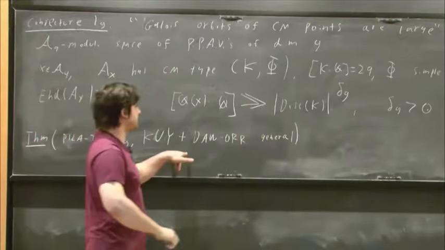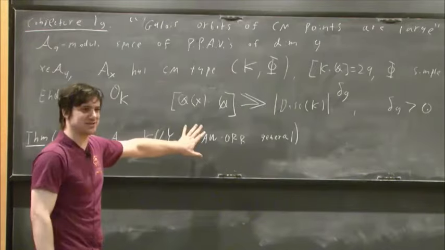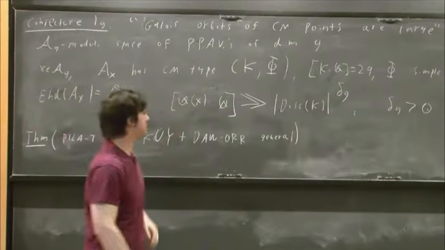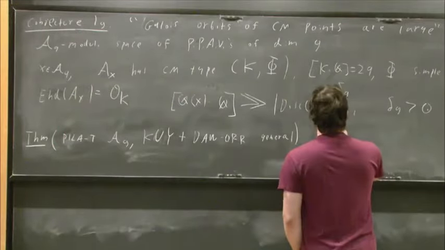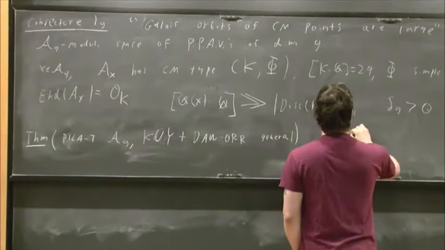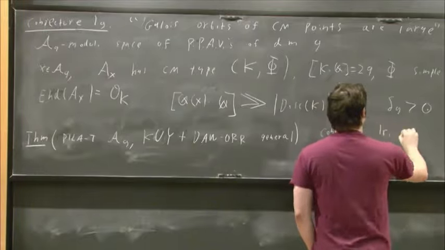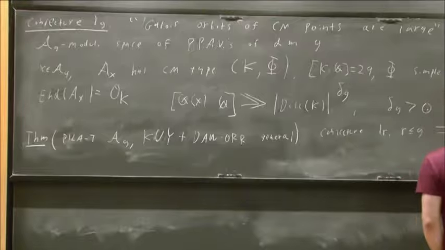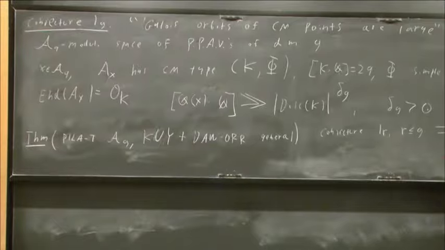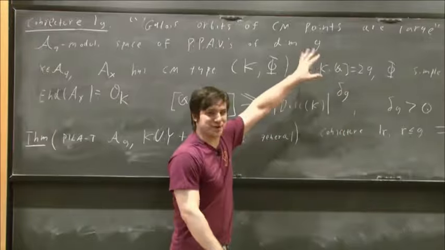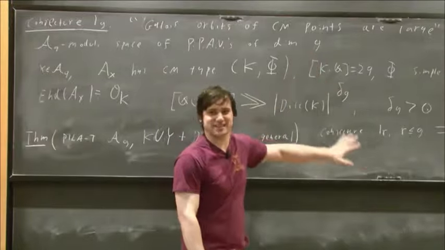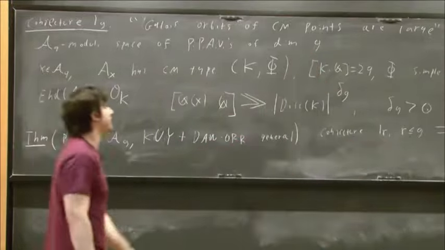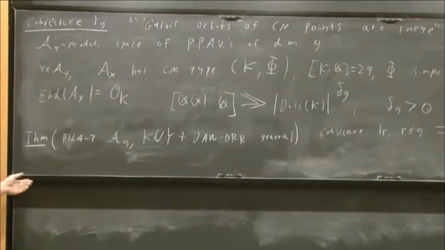And what this theorem says, I only state it in the case of AG again, because I didn't state this conjecture in general. But if you assume conjecture 1R for R less than or equal to G, then you get André-Oort for AG. And if you assume the corresponding conjecture for general Shimura varieties, then you get André-Oort for a general Shimura variety. All right?